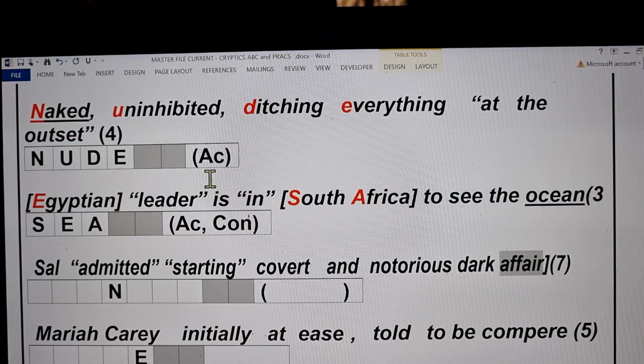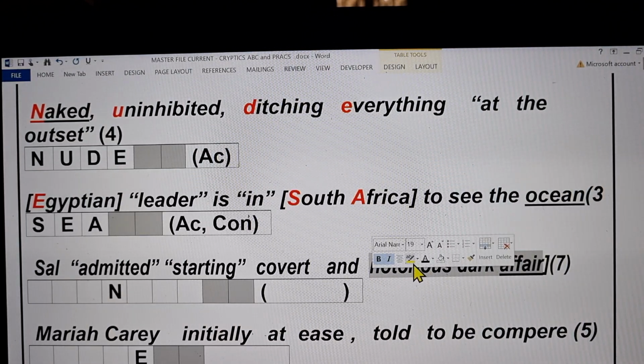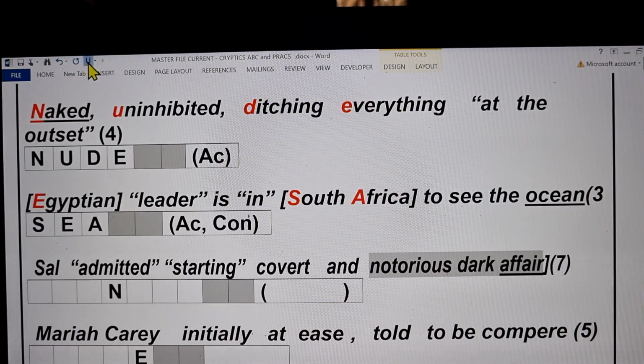All right, suppose that's the key. What do we get? What's an affair? It could be notorious dark affair. It could be the whole thing, couldn't it? We'll try the whole thing.